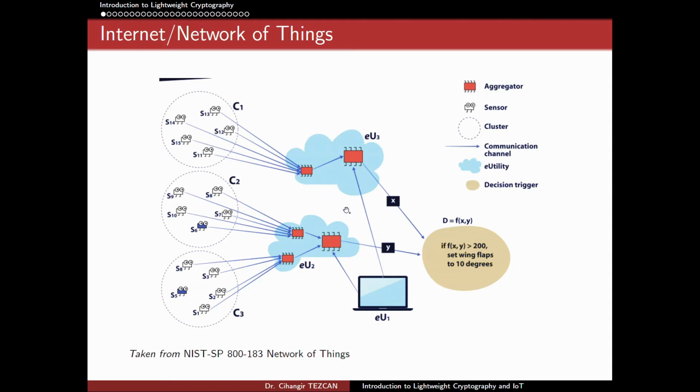So we have some aggregators here, and depending on the data we gathered, these aggregators can perform some operations on the data or send it to a computer or a server, and the server might do some computations and tell the aggregator to send some data to sensors so that they act in a different way, and so on and so forth. So this is roughly the picture about what IoT is for us.